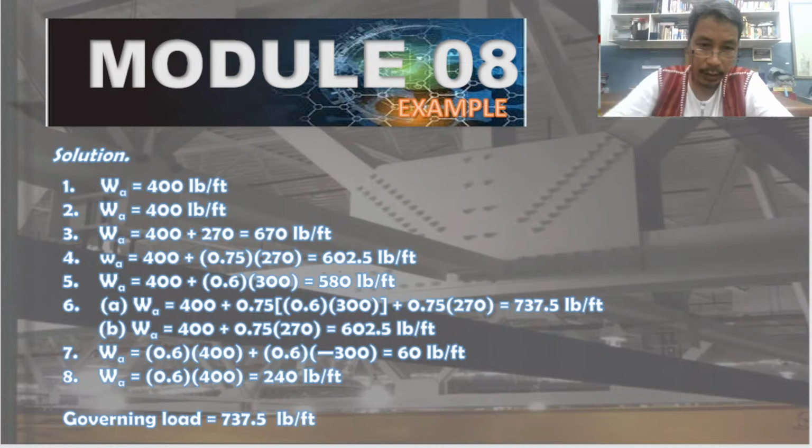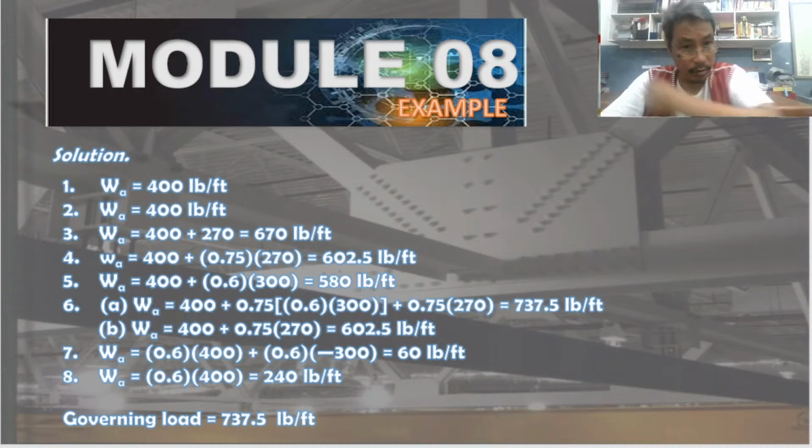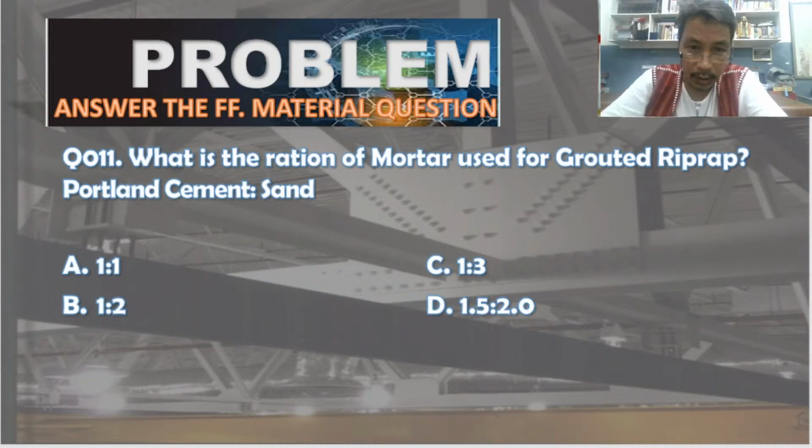And that would be our last slide for this module, and this constitutes the whole discussion on ASD combination of loads. Again, for the comments on your challenge question for the material engineer exam, question number 11: what is the ratio of mortar used for grouted riprap?